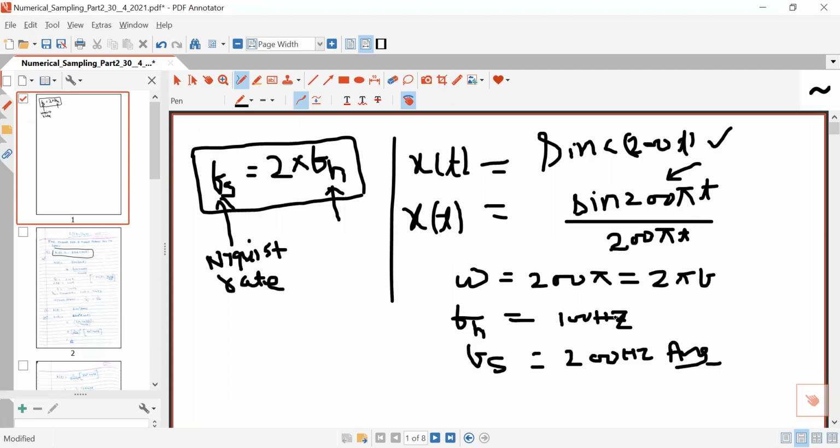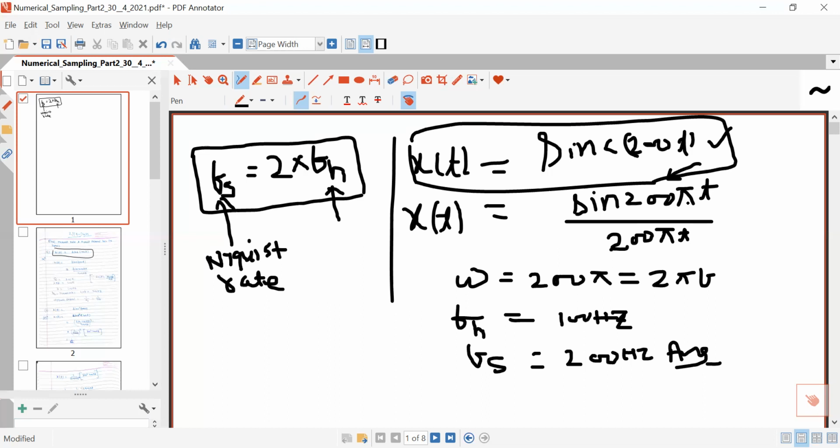If the task is to sample this signal, you must remember your sampling frequency should not be less than 200 Hertz, otherwise you will get aliasing. So to avoid aliasing, and to get an accurate analog signal from a discrete signal, the minimum sampling frequency or Nyquist rate for this particular signal will be 200 Hertz.